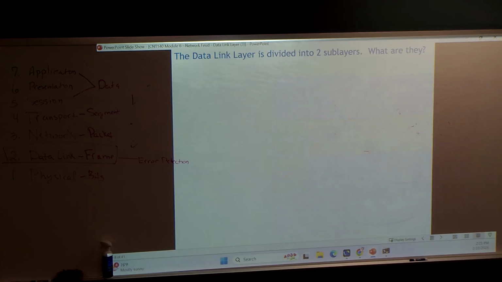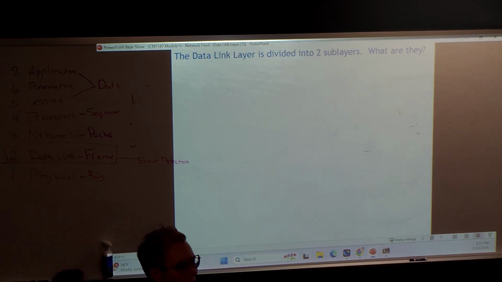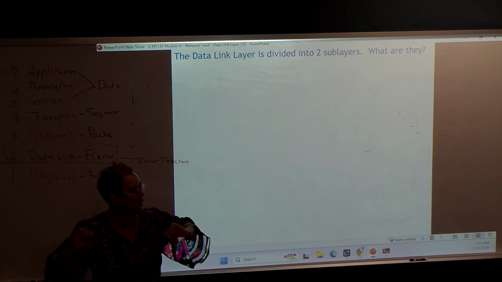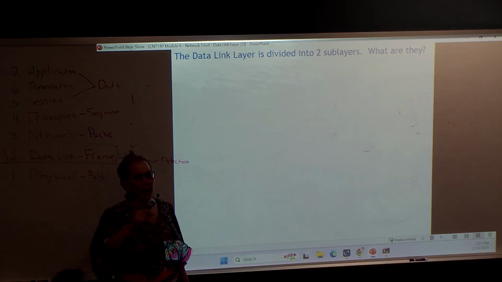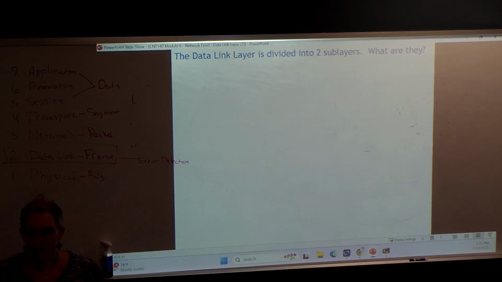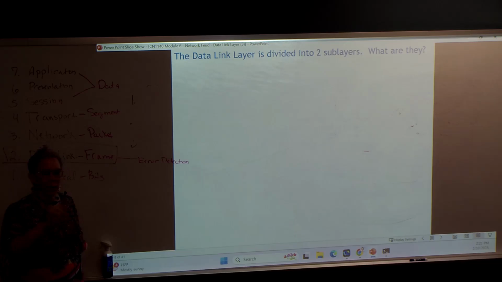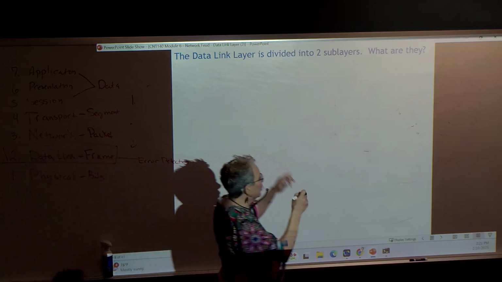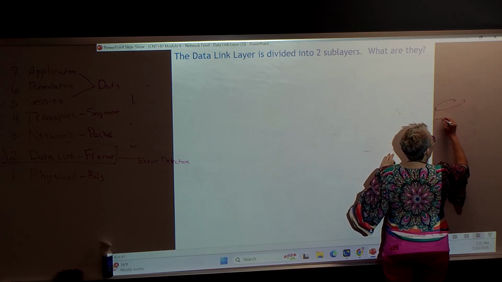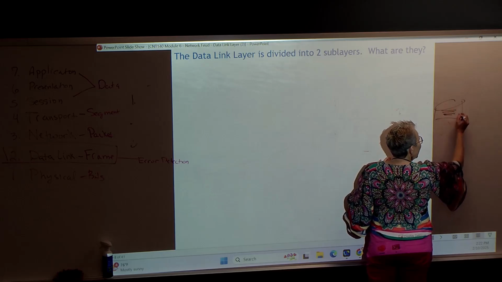What are the two sublayers of the data link layer? There's two sublayers. Raise your hand to answer. Rob. Yes, the LLC and the MAC. Which sublayer helps the network layer? The LLC, the logical link layer. Do you remember when I had a picture of a router over here and I said that the router makes decisions?